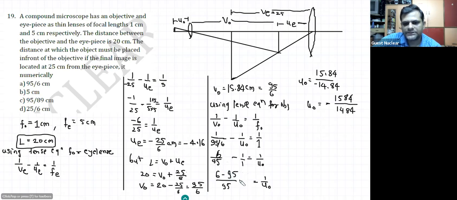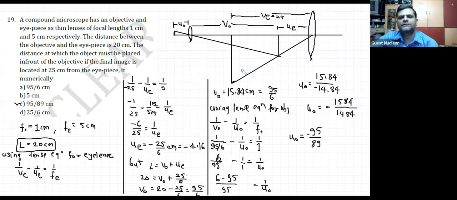So U is going to be 95/89, which is already there in this option number C here. Okay, which will be the correct one. Yes, correct.